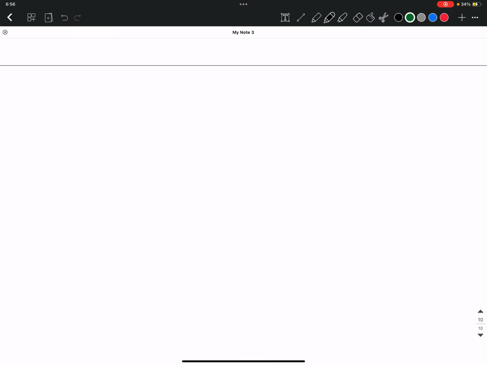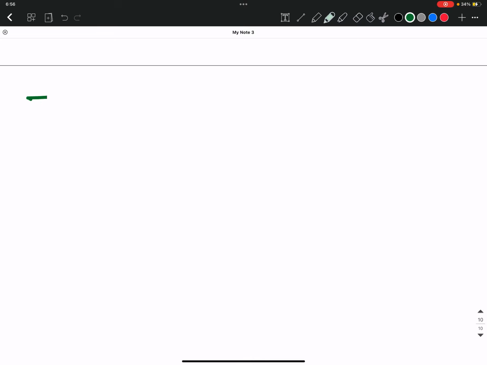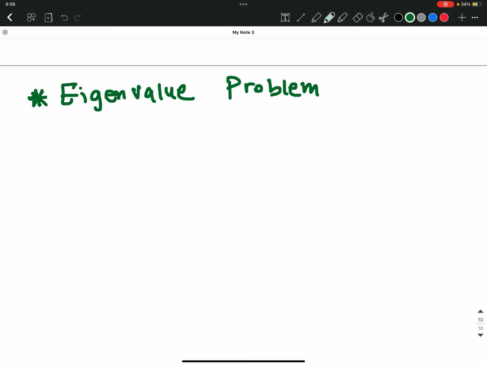So let's see what eigenvalue problems are and what we mean by that.